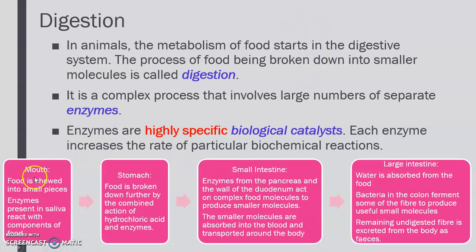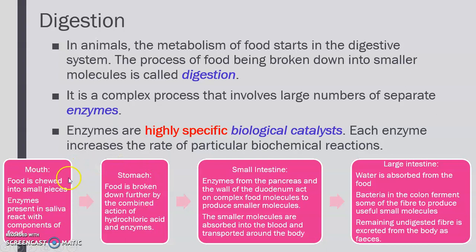So first of all, the food is chewed into small pieces. That increases the surface area of those food molecules, which allows enzymes to actually access and catalyze the further hydrolysis. Okay? And at the same time, your mouth does produce enzymes that are present in saliva, and they can then react with the components of food.